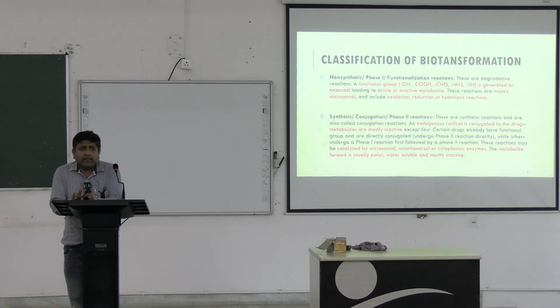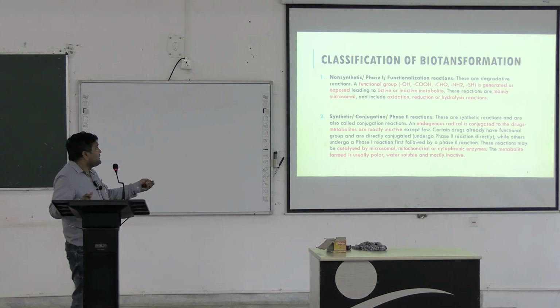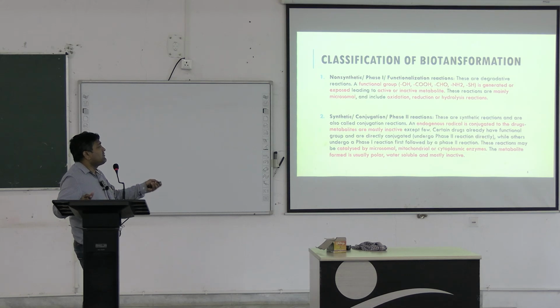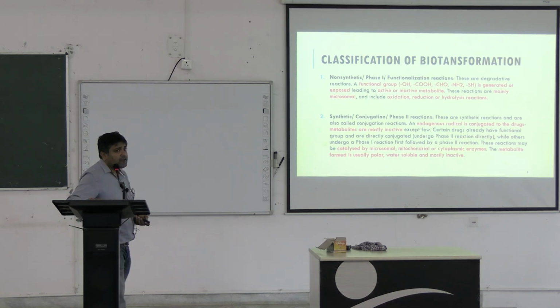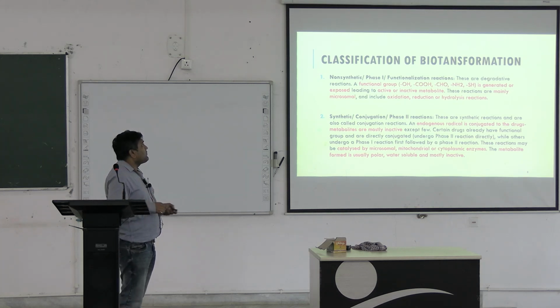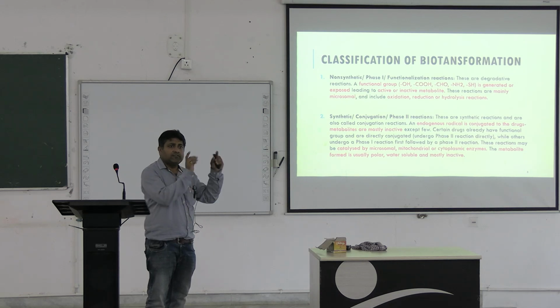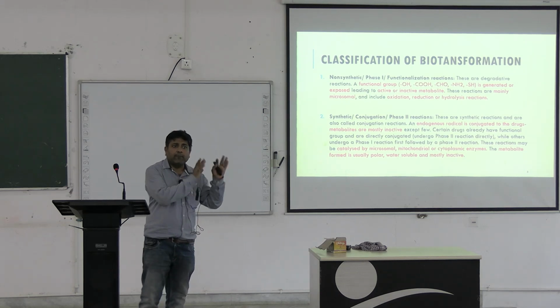We can divide the biotransformation of drugs into two phases. One is phase 1, also called non-synthetic functionalization reactions, and phase 2, also called synthetic and conjugation reactions. Now, what happens in phase 1 biotransformation? The drug was initially lipophilic.